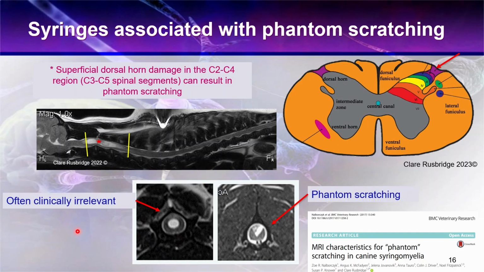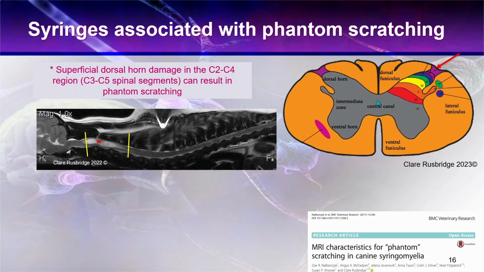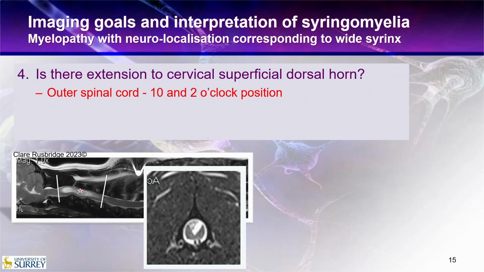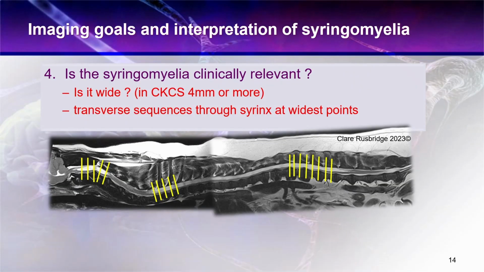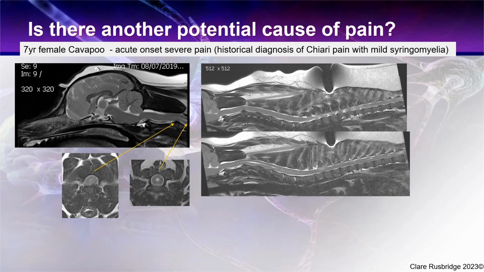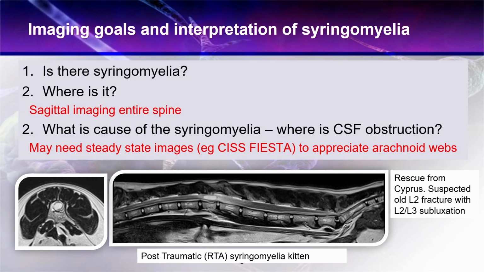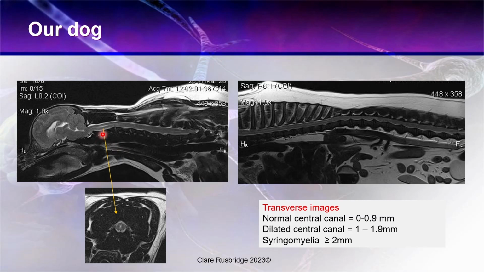So if you are reporting these, you should make some kind of assessment as to whether or not these are clinically relevant. Large syringes will expand the spinal cord, whereas small syringes, as we saw in our previous case, going back here, will not expand the spinal cord.